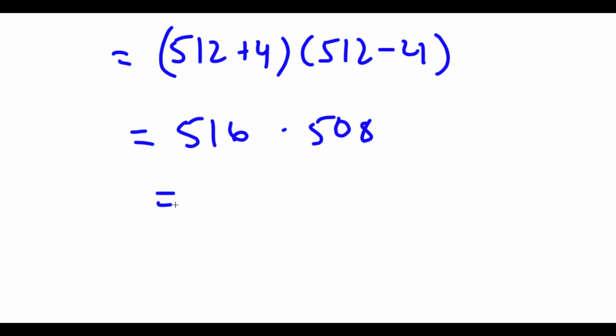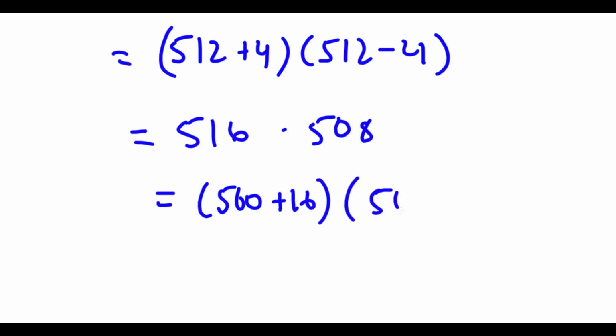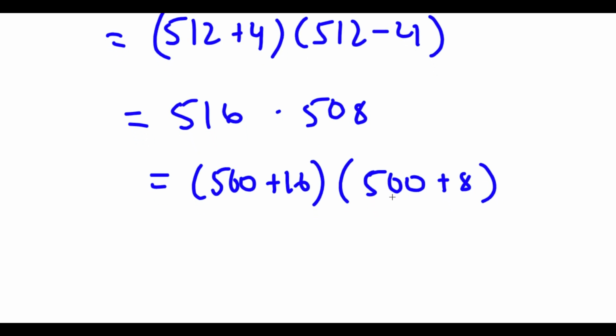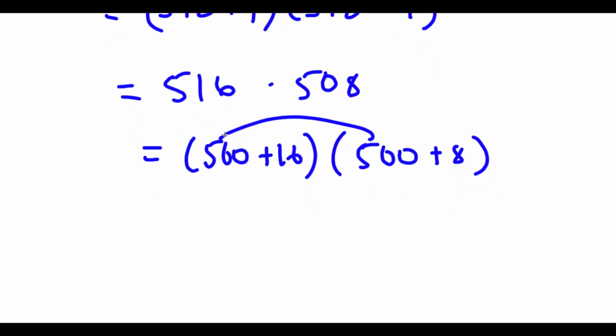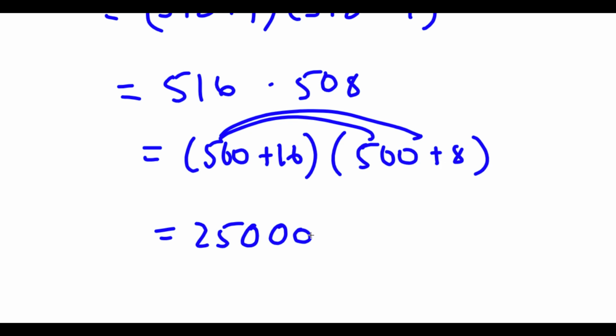Now I'm going to go ahead and rewrite these. I'm first going to rewrite 516 as 500 plus 16, and I'm going to rewrite 508 as 500 plus 8. So now, multiplying these two is simple. I first distribute the 500. 500 times 500 is 250,000.